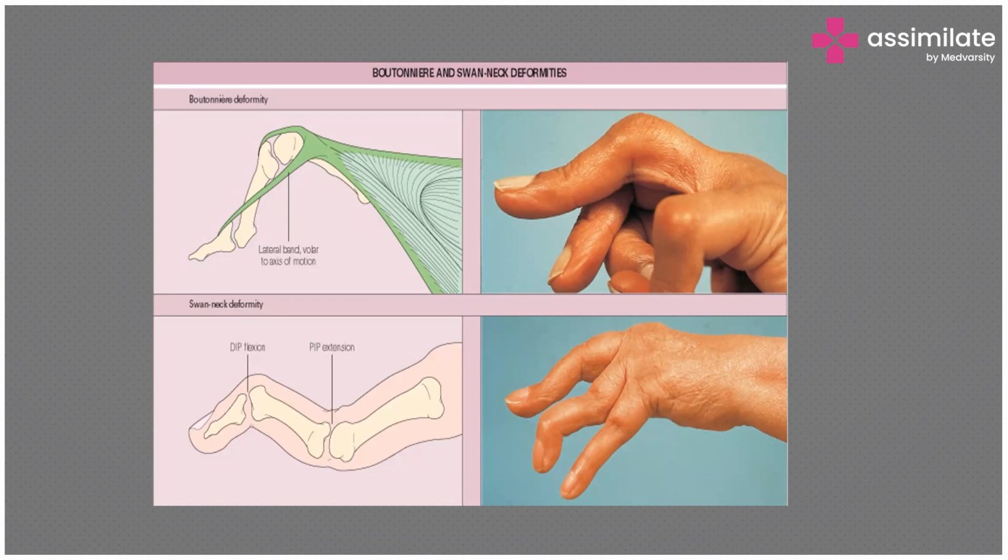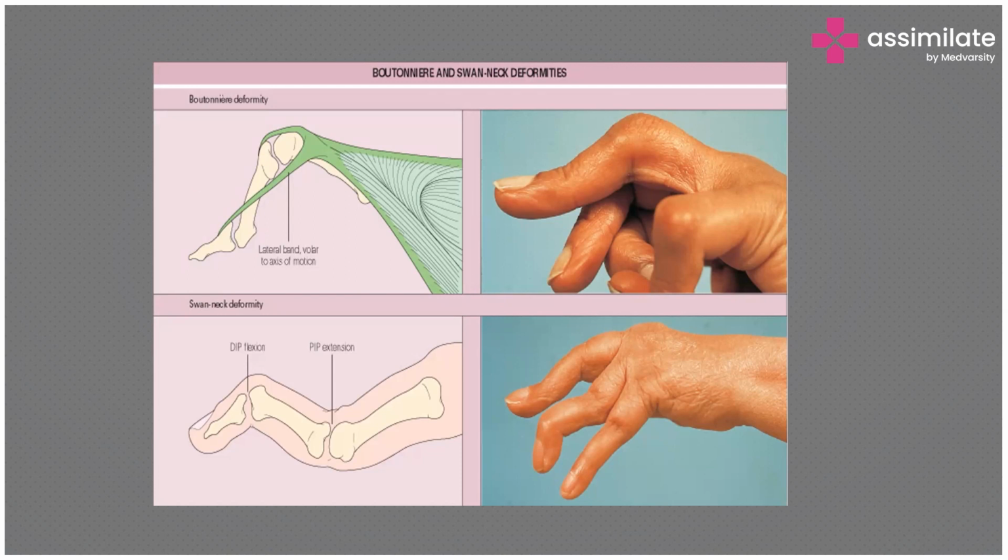Just notice, if you have seen patients with rheumatoid arthritis, you must have seen such kinds of deformity of the hands. In boutonniere deformity in the first diagram, the finger is flexed. There is a flexion of the finger, flexed at the PIP joint, the proximal interphalangeal joint.